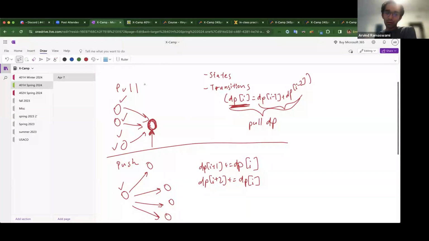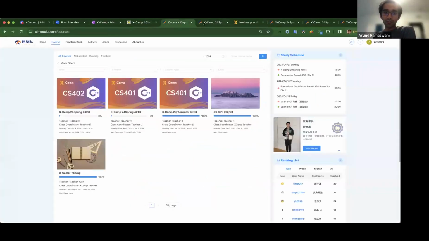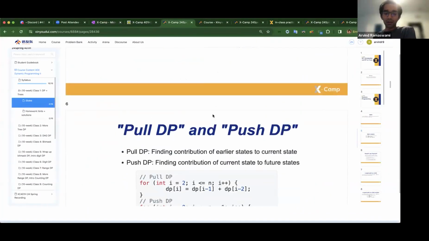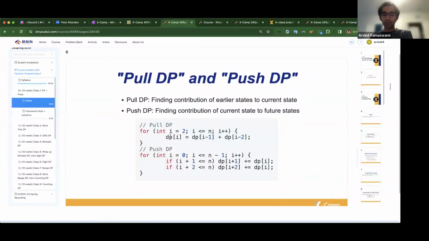Throughout the quarter, some of the solutions in the slides might use pull DP, and others might use push DP. In many cases, you can use either, and it's good to know they exist. We can write it like this: pull DP is dp[i] in terms of its earlier states.